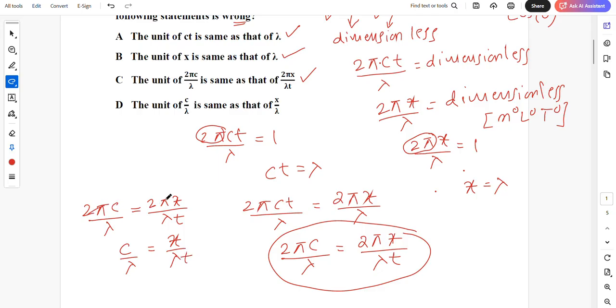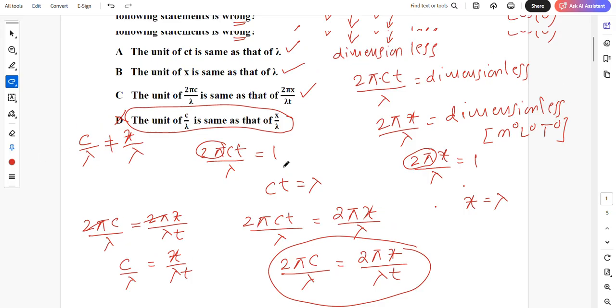Even if you cancel this constant, this is correct, but not this one. c by lambda is equal to x by lambda t, but the unit of c by lambda is not equal to x by lambda. So this is the wrong option. This is the correct option according to the question. The unit of c by lambda is same as that of x by lambda, it is not. D is the answer for this one.